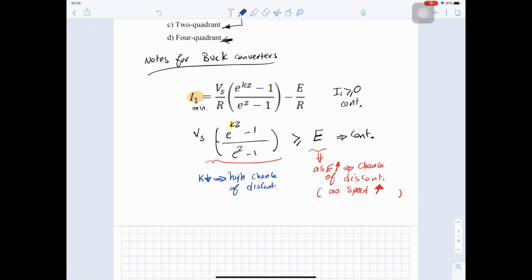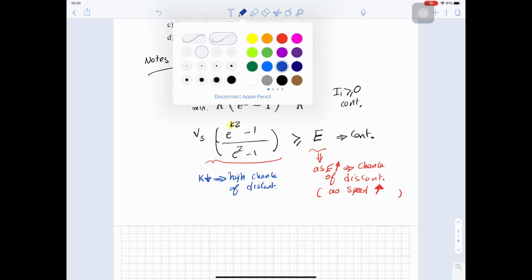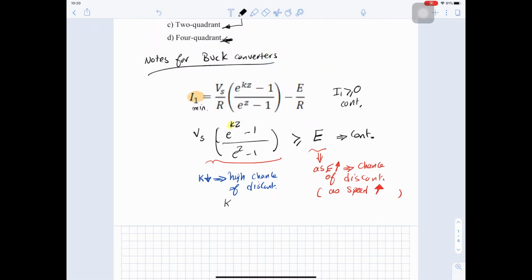So if you are designing a converter, you should design at K minimum. This is where you should design your system to be continuous, and you should design at E maximum to be continuous.